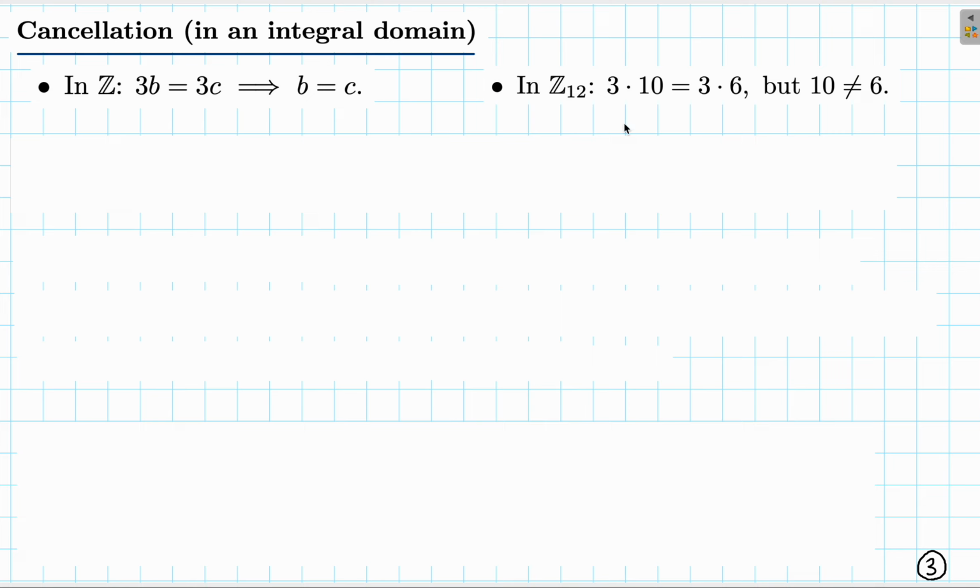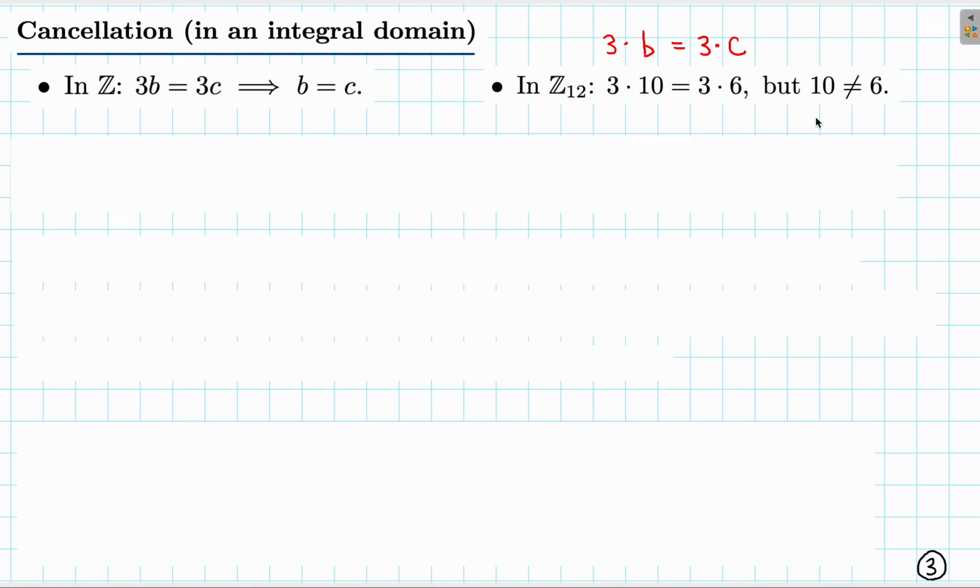But before that, let's take a look at a non-example, Z12, which does have zero divisors, so it's not an integral domain. Here we have 3 times 10, that's 30, mod 12 is 6. 3 times 6, 18, mod 12 is also 6. So we do have a scenario where 3 times b equals 3 times c, where b and c are 10 and 6 respectively.